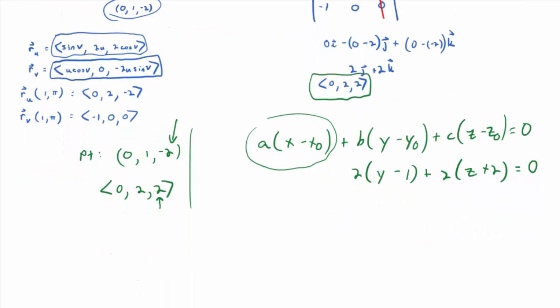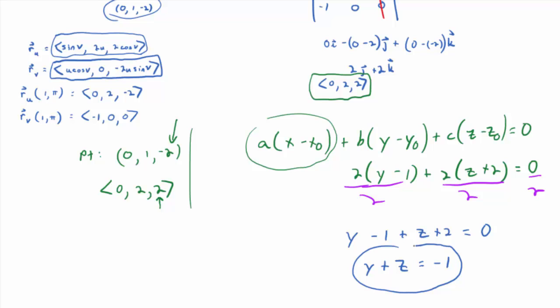And I think one slick way of doing this from here on out is to divide everything by 2, right? Wouldn't that work? And then you have y minus 1 plus z plus 2 equals 0. So what do you end up with? y plus z plus 1, but if you move it to the other side, equals -1. Would you buy that? Okay.